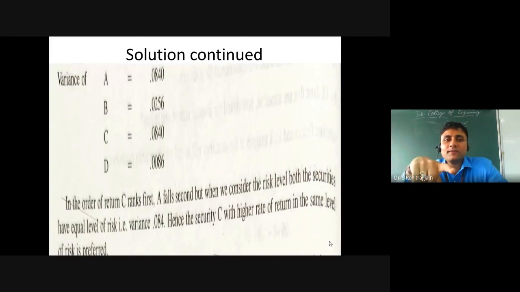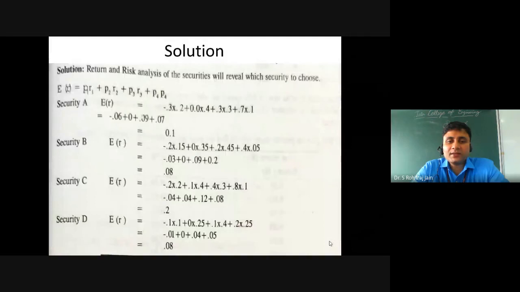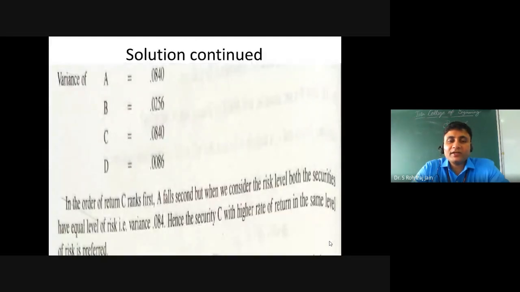Right. So based on the variance also I can rank them in the order of return. C ranks first. Correct. See here, the expected return of C is 0.2, which is highest compared to A, B, and D. So in the order of return, C ranks first, A falls second. But when we consider the risk, the standard deviation or the variance, both A and C securities have the same variance, 0.0840.